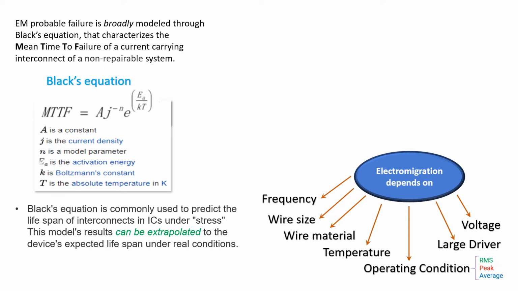We need to know that all these things indirectly depend upon A, and the voltage will directly influence the current density. And the temperature directly influences the mean time to failure.